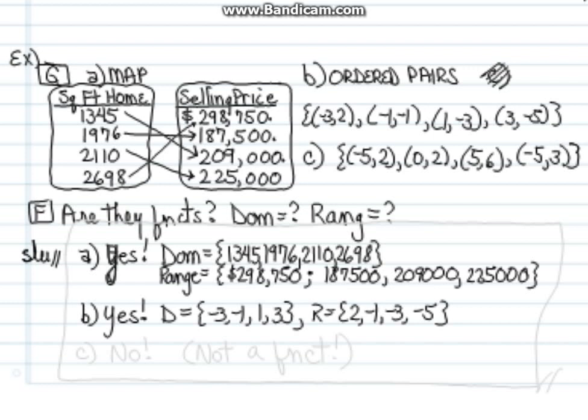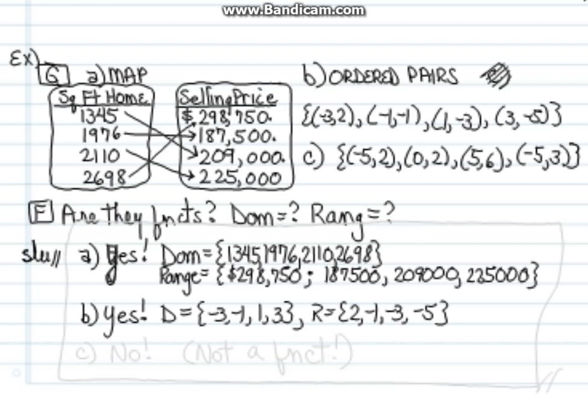We've got -5 teaming up with 2, 0 teaming up with 2, 5 teaming up with 6, -5 teaming up with 3. First thing I notice is y equals 2 is not faithful. That one is teaming up with x equals -5 and x equals 0. So y equals 2 is unfaithful, but we don't even care. We don't even check the y's. We're only interested in the x values being faithful.